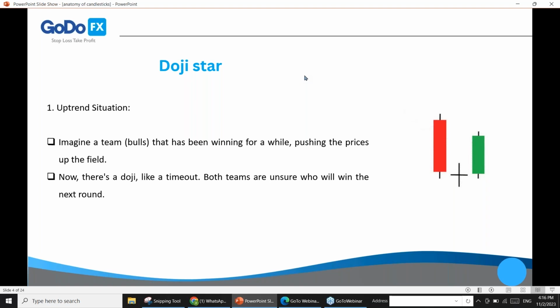Now I'm gonna tell you what a doji star is. So in an uptrend situation, we should imagine a team that has been winning for a while and pushing the prices up the field. Now there is a doji, like a timeout, and both teams are unsure who will win the next round.